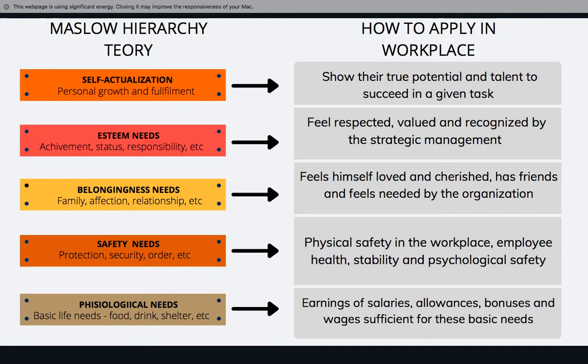This stage allows individuals to show their true potential and talent to succeed in a given task. This type of need can be met in an organization through a more challenging distribution of responsibilities, by creating programs in the form of training or a systematic work system that can provide opportunities for self-improvement to individuals. So this is the theory.